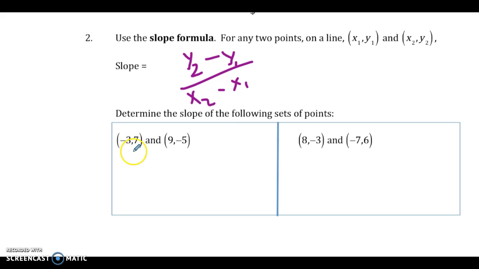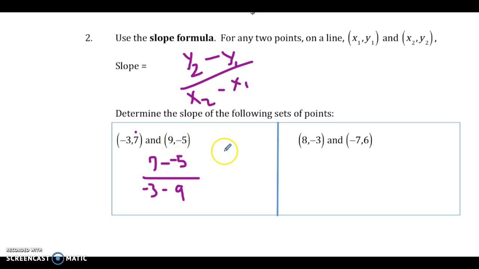So in this case here, if I were going to find the change in my y, I'm going to take this y, 7 minus a negative 5, okay? So I'm subtracting y2 minus y1 over here. And then I must take the x value from this point because I used the y value first from that point in order to subtract.